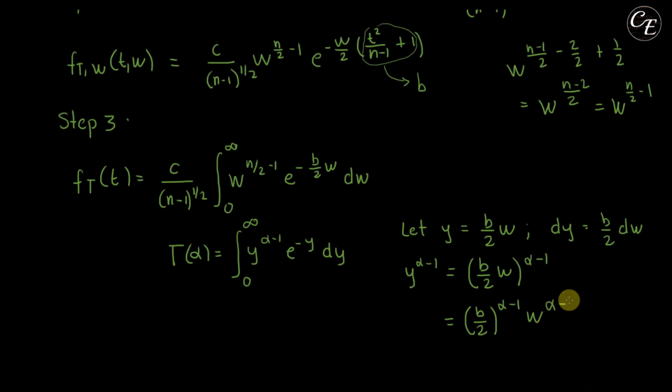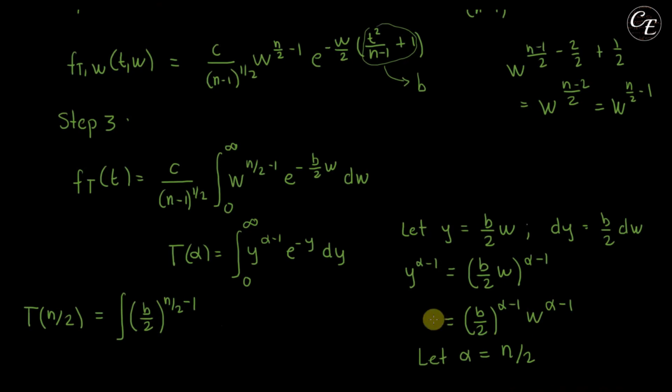Now let us make this w raised to alpha minus 1 similar to this term in here. We can do it by letting alpha equal to n over 2. So we have here, let alpha be equal to n over 2. Then for this, we have now gamma of alpha, which is now n over 2, equal to the integral of, for y raised to alpha minus 1, we have b over 2 raised to alpha minus 1, which is n over 2 minus 1.